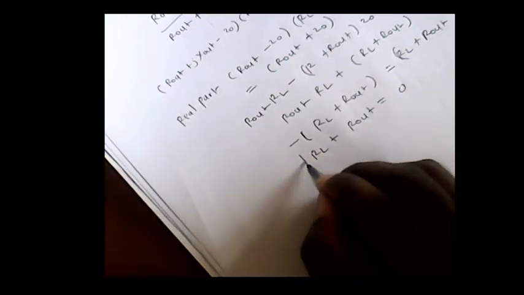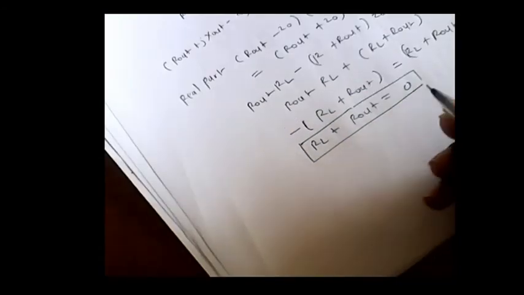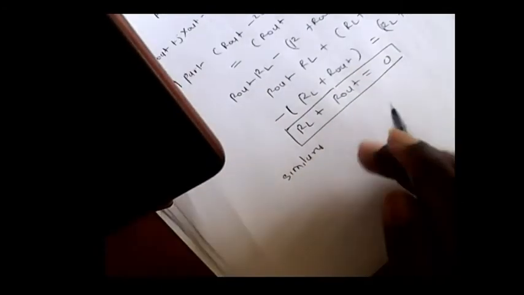This is the first condition for the one port oscillator, and second, similarly, the imaginary part: XL plus X out is equal to 0.